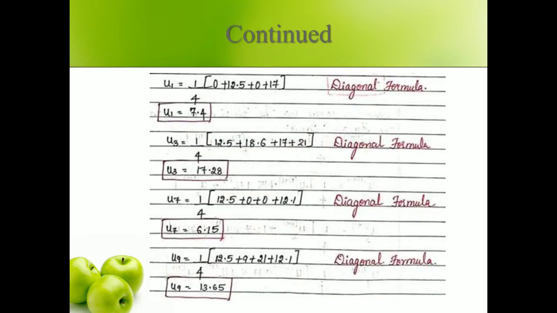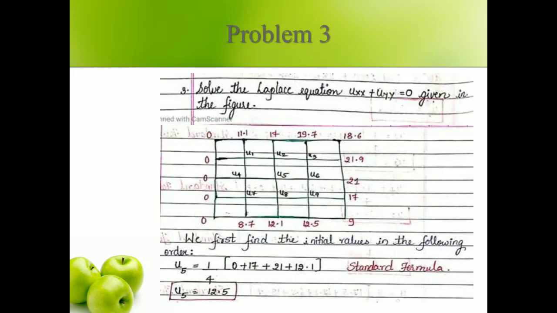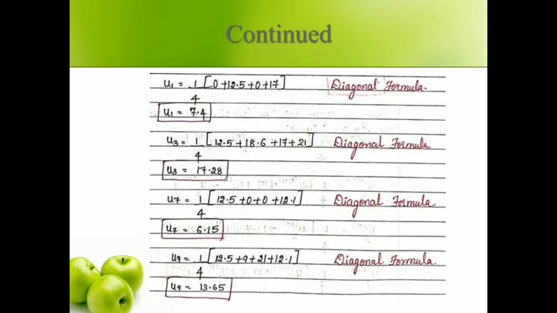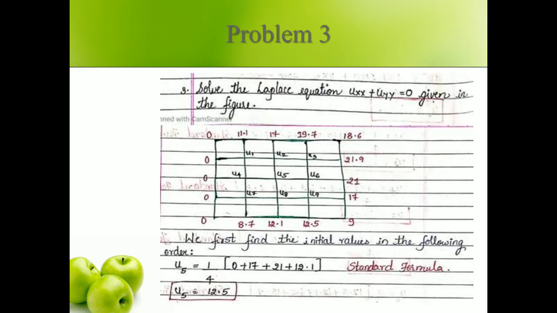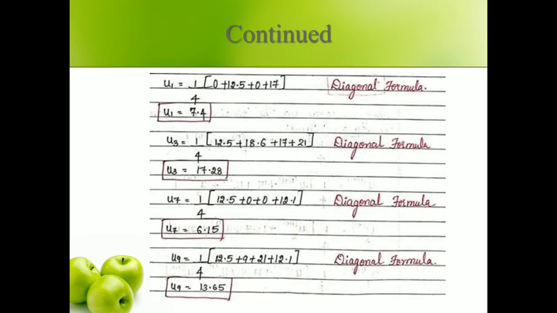Next u7, again diagonal elements: 0, the u5 value, then 0, 0 and 12.1. Next u9, again diagonal elements: u5, 21, 12.1 and 9. So you will get the u9 value.